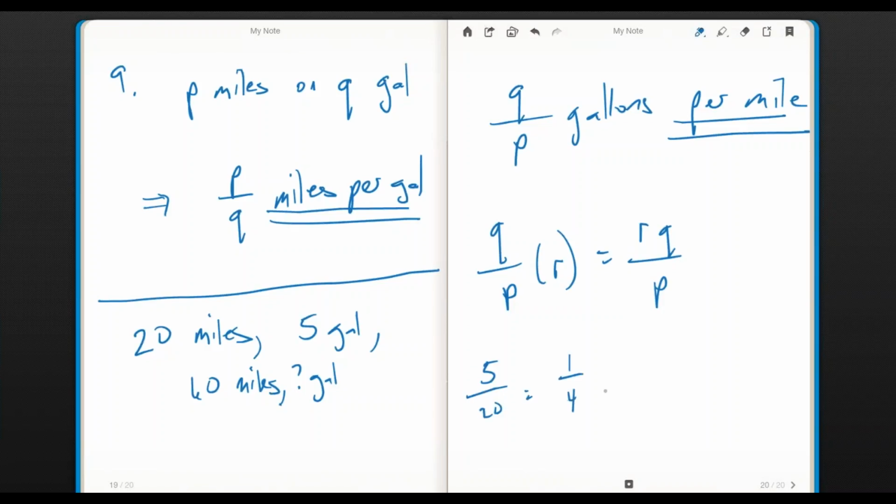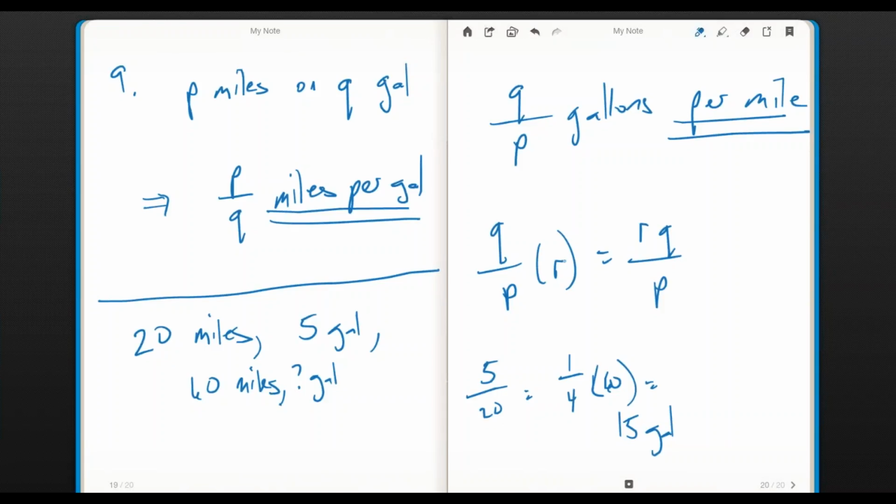That's 1 gallon for every 4 miles, and if I multiply that by 60, that's 15 gallons. And if you think about that, it makes all the sense, right? If I use 1 gallon every 4 miles, then in 60 miles I'm going to use 15 gallons. So we just tried our equation and it worked.